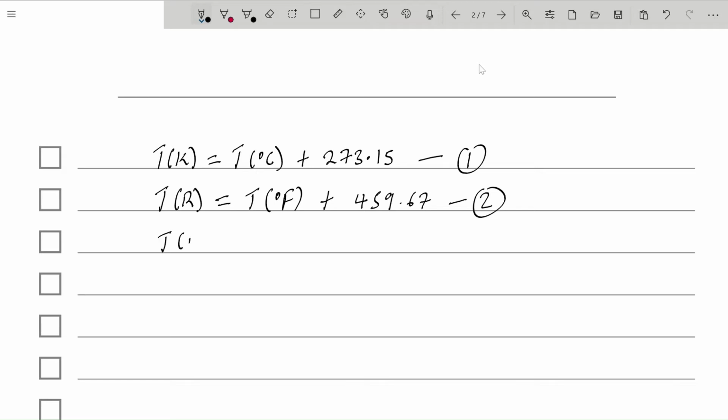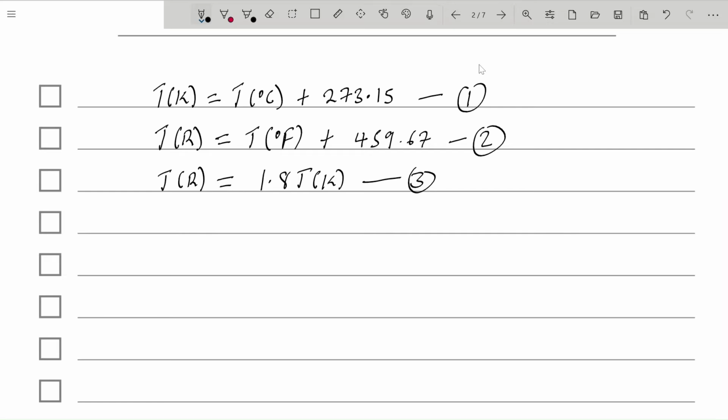Temperature in degree Rankine equals 1.8 times temperature in degree Kelvin is our equation 3.